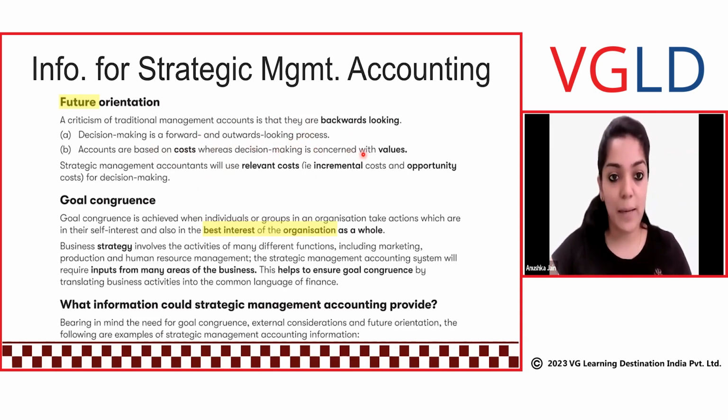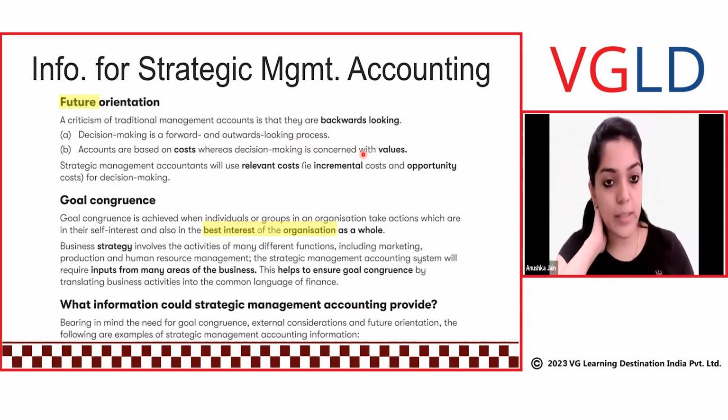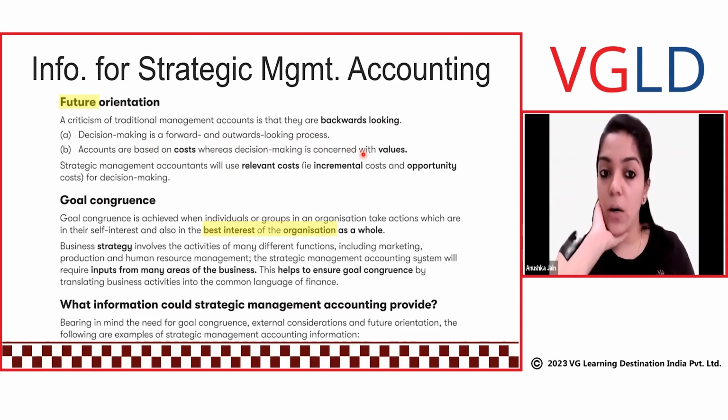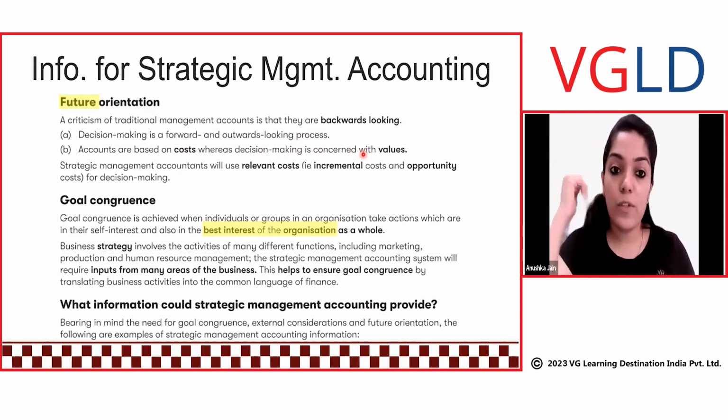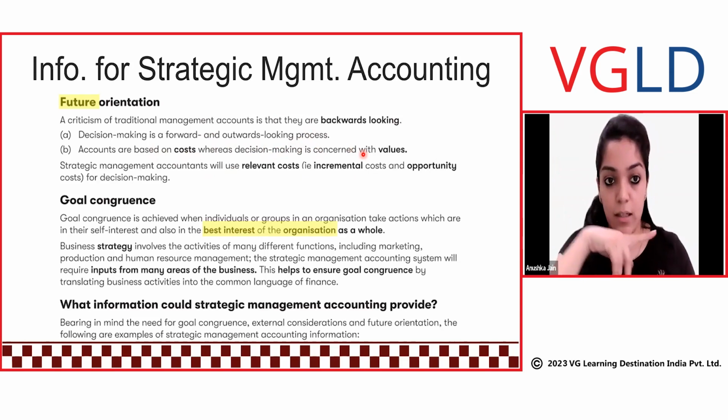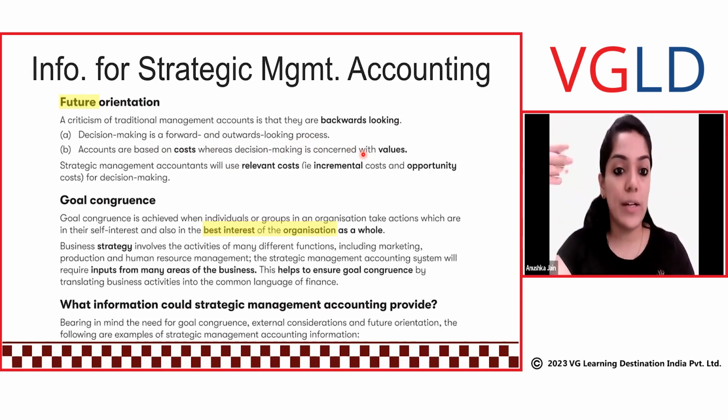Okay, so I'll give you one example. As a traditional accountant, you will see that the company has incurred 5 crores on marketing campaigns to publicize its products. As a strategic accountant, you will see that you spent 5 crores this year, but what is the value it is generating in terms of brand awareness? The value impact of it.